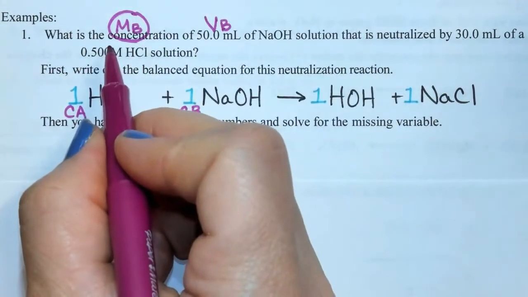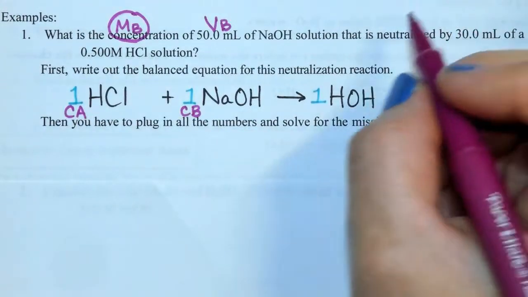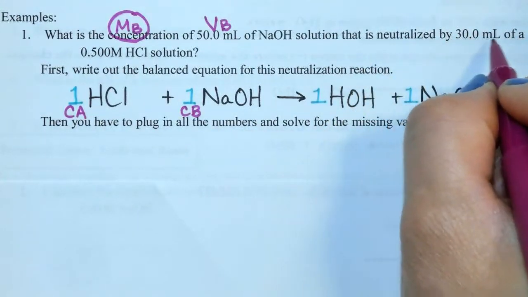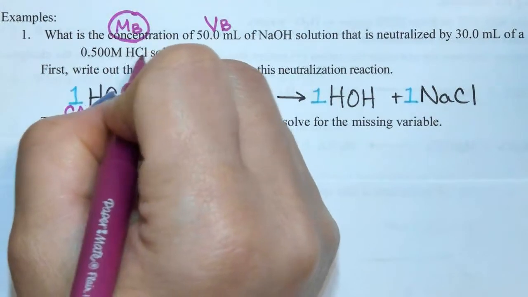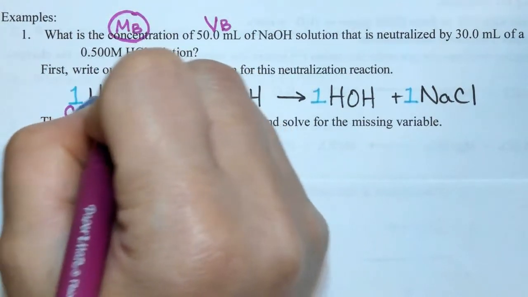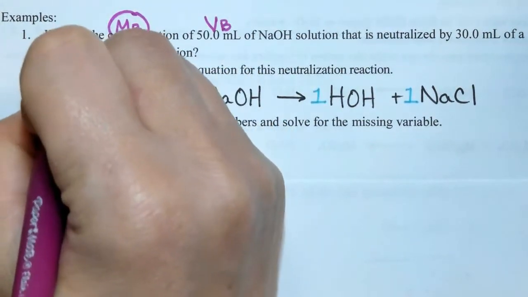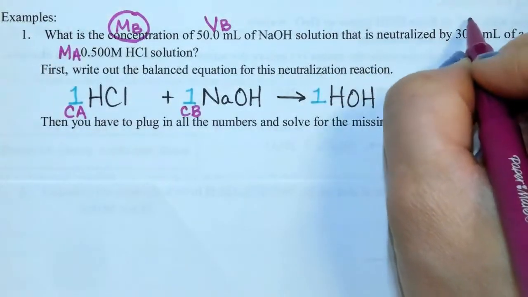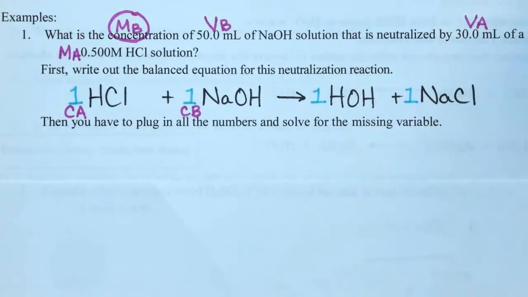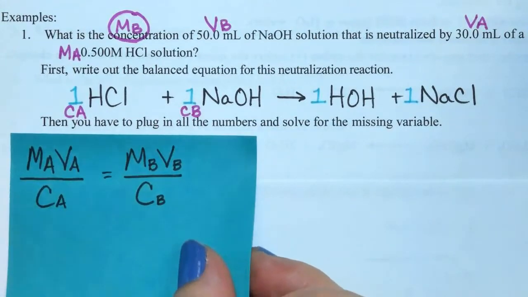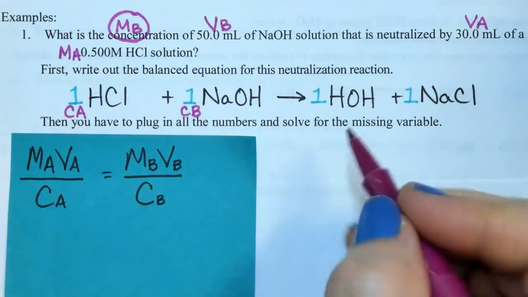So that's what I'm solving for. Then the solution is neutralized by 30 milliliters of a 0.5 molar HCl solution. Because this is the acid, that makes this the molarity of the acid, and this is the volume of the acid. So now we can plug everything into our titration equation and solve it.